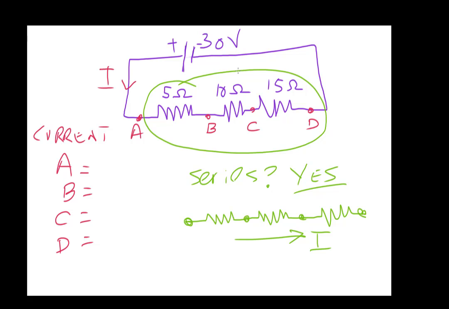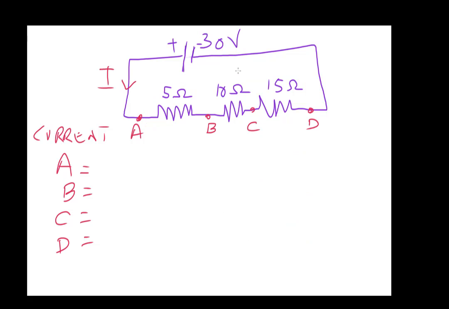So if that is the case, how do we figure out what the current is across A, B, C, and D? Let's go through that real quick. Using V equals IR, our voltage is 30 volts. We don't know what the current is, and the resistors are all in series, so that's 5 plus 10, 15, 15 plus 15 is 30 ohms.